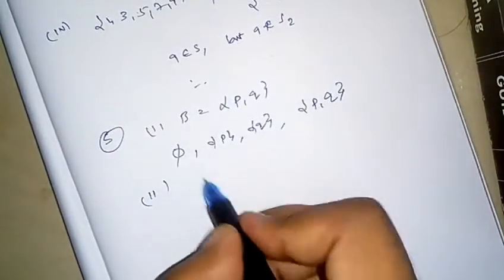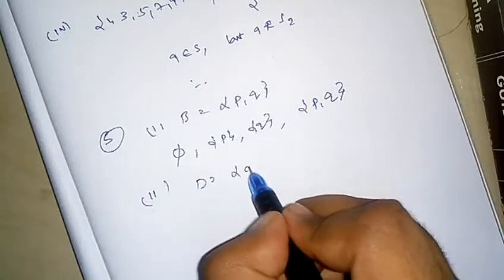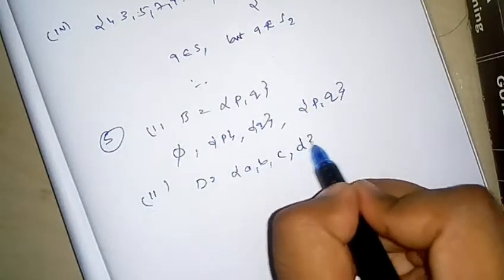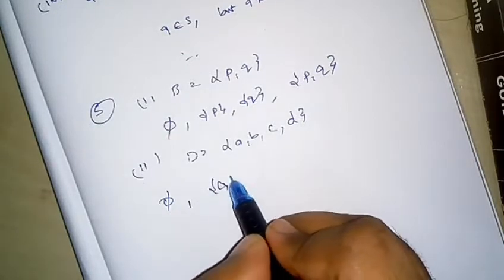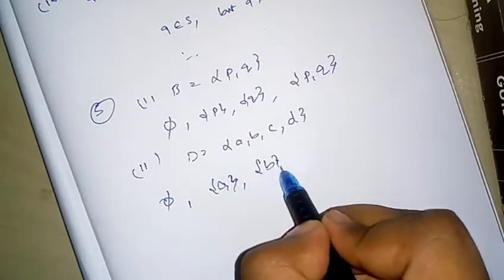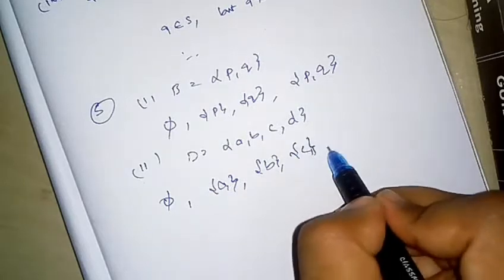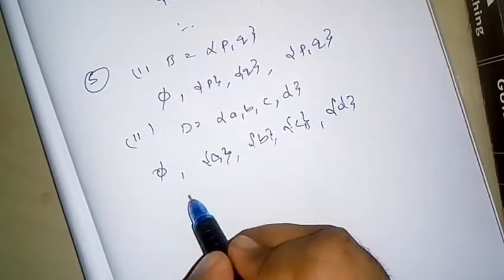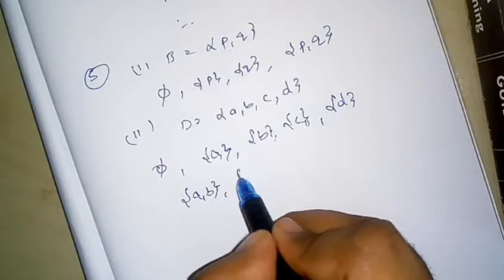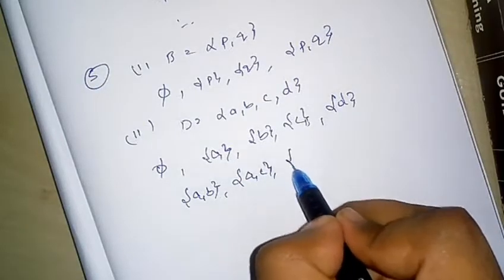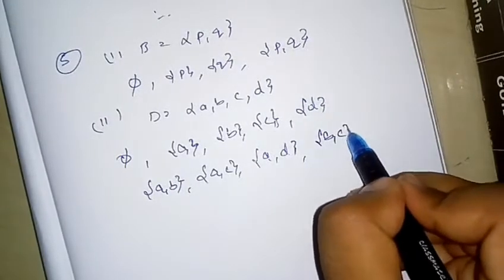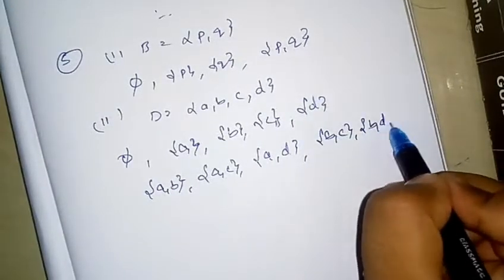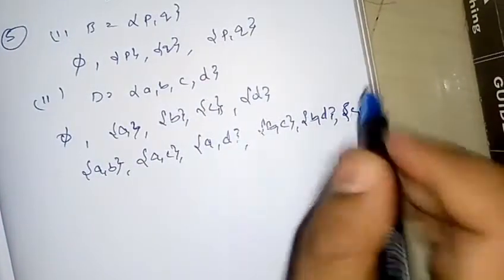Second question, D is equal to {A, B, C, D}. So the subsets are, first the empty set. With one element: {A}, {B}, {C}, {D}. Next with two elements: {A, B}, {A, C}, {A, D}, {B, C}, {B, D}, and {C, D}.